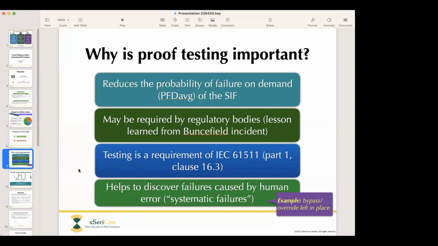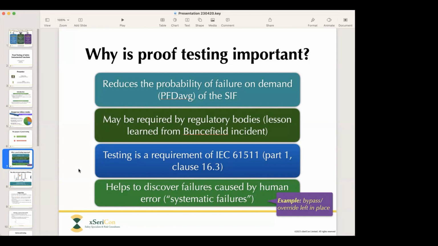It was an incident involving overfilling of a fuel storage tank at a fuel storage depot in the south of England. And by an amazing miracle, there were no serious injuries or fatalities from the incident, mainly because it happened on a Sunday morning when very few people were around.